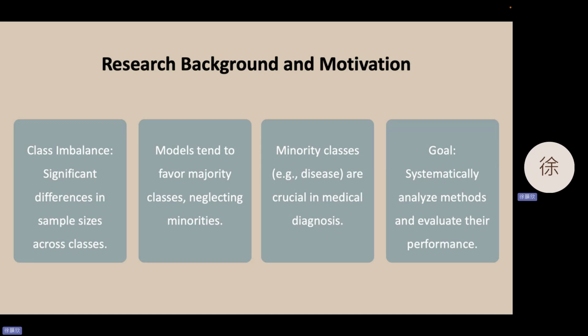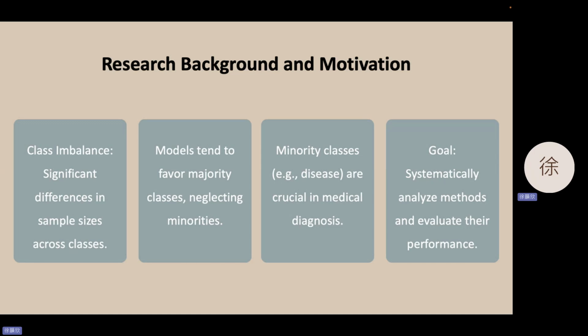So in the medical diagnosis, the minority class, like the diseased people, is often what we care more about. If the model cannot accurately predict the minority class, it may lead to delayed diagnosis and missed treatment opportunities. Therefore, we need to find some effective methods to balance the data or adjust the model to make it more focused on the minority class.